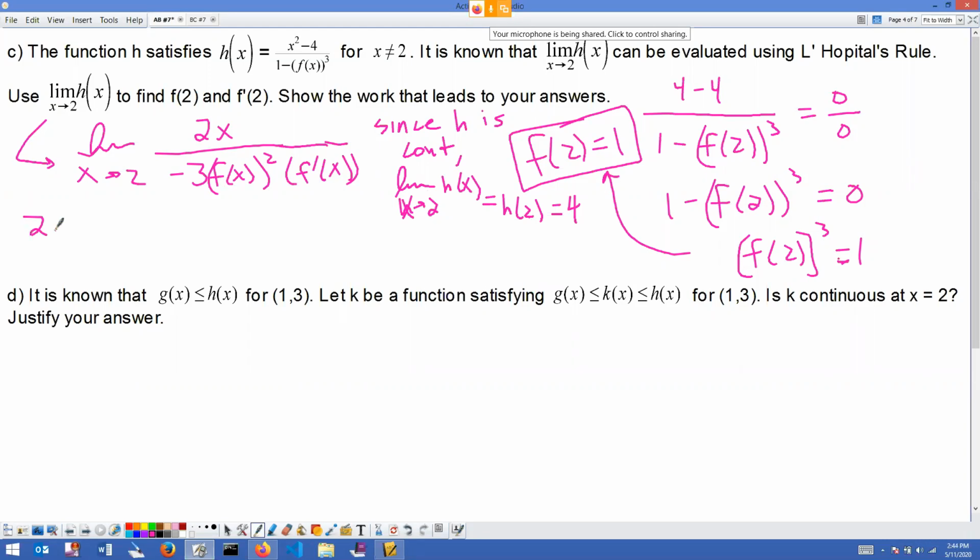So we know that 2 times 2 over negative 3, and then f of 2 was 1, so negative 3 times 1 squared times f prime of x has to equal 4. And we can pretty easily solve that. Looks like that'll give us f prime of x has to equal negative 1/3, looks like.